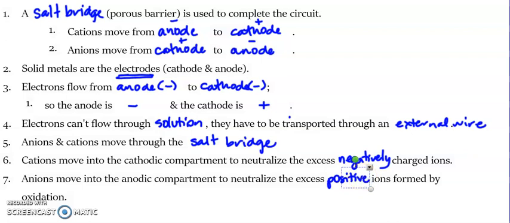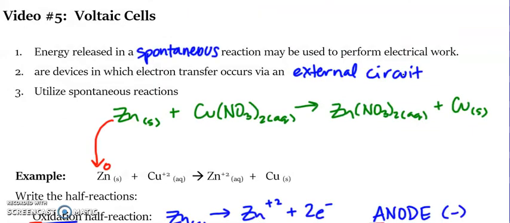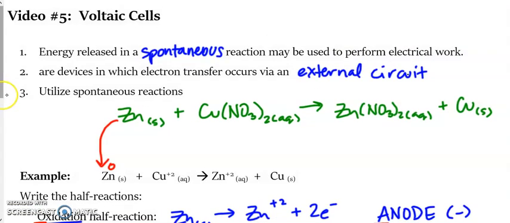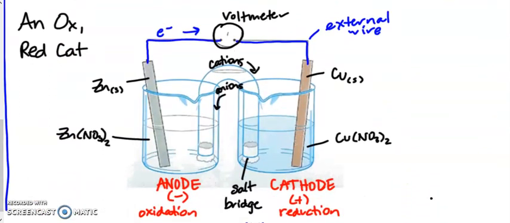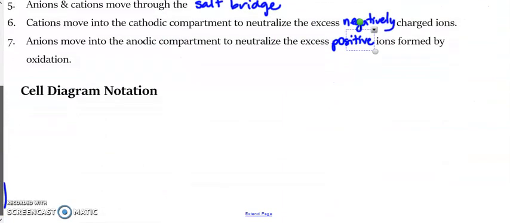Okay, so one last piece of this, a way to diagram this. So we know, like, I don't have to draw this every time to realize what's happening in my voltaic cell. We can draw what's called cell notation, cell diagram notation.